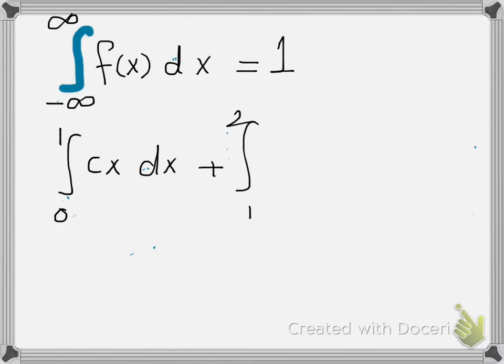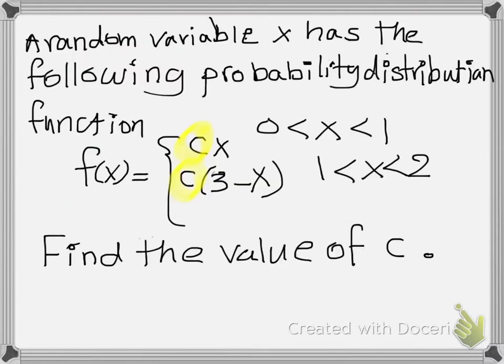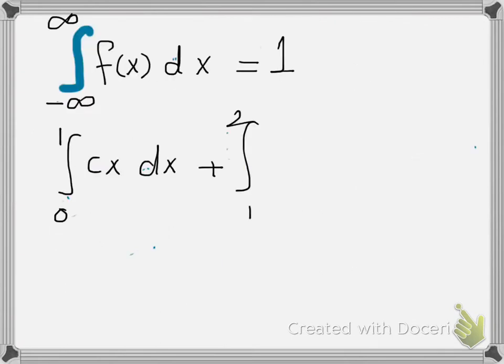So why do we have two integrations here? Because we have two functions of f(x), and then we write c(3 minus x) dx. On the right side, we write it's equal to 1, because if you integrate this complete function, then it must be equal to 1, since it's a probability distribution function.